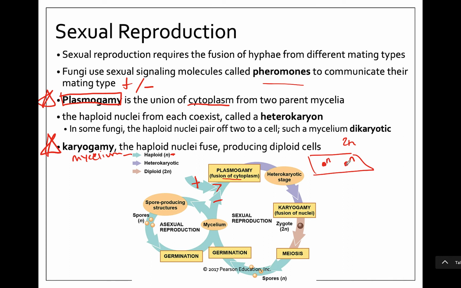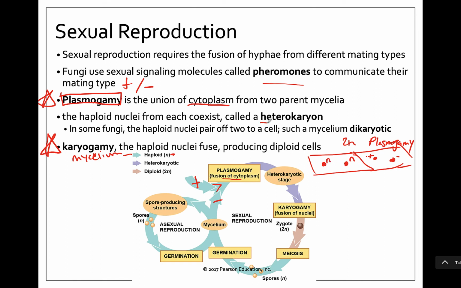They're just both existing in the same cell. So here would be the next cell, N, 2N. So maybe this one came from the plus and this one came from the minus. So this is plasmogamy, where the cytoplasm of 2 different individual mycelium has fused, but we still have separate nuclei.